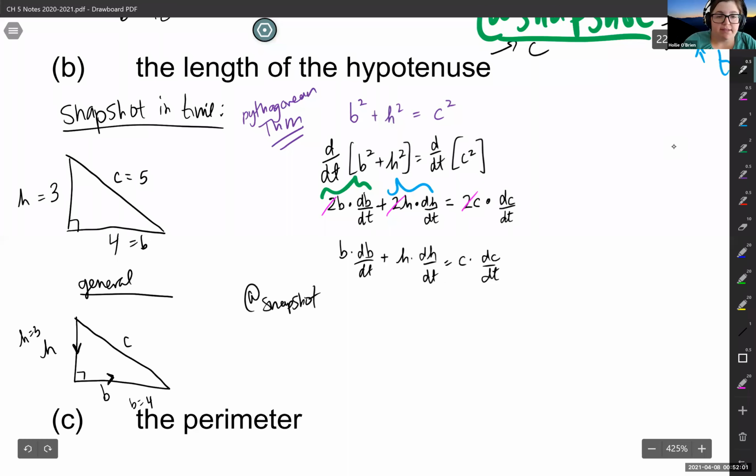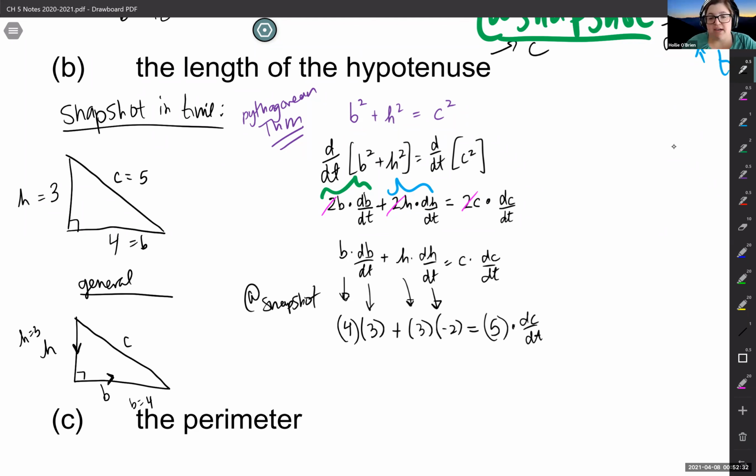We know our base is 4, and our rate of change, db dt, we wrote that up in part A. That's going to be a positive 3, plus our height is 3, times dh dt. Well, we wrote that up above. That's negative 2. That's right? This whole page deals with the same triangle, which is why I want to do it in one swoop. c is 5 times dc dt.